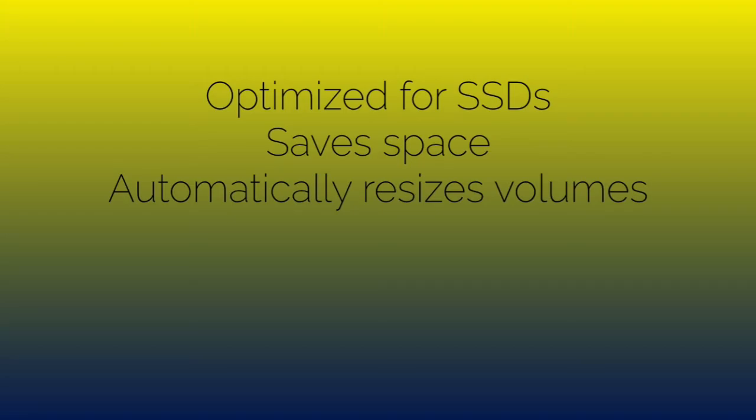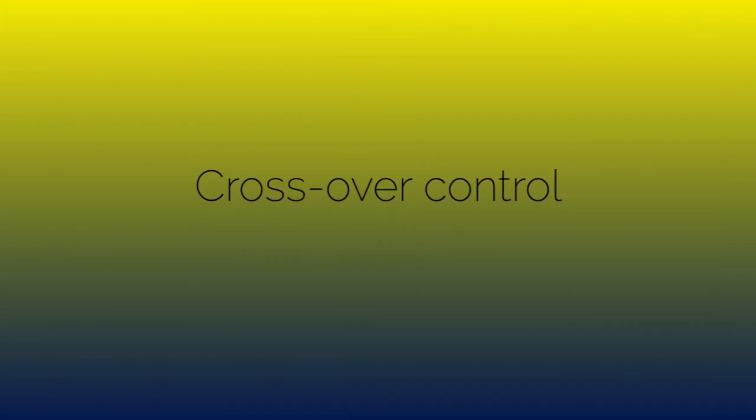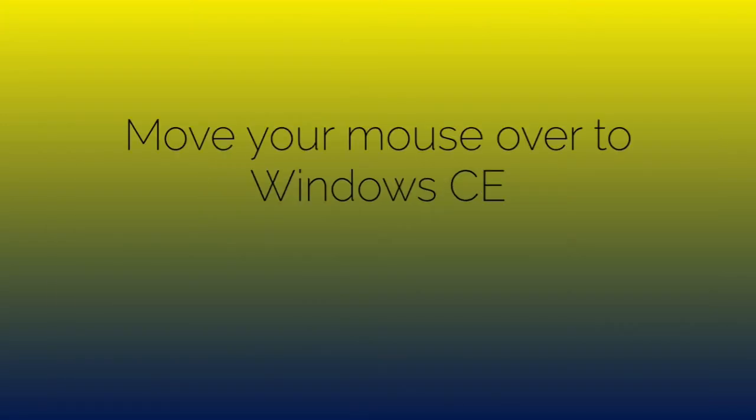It saves space and automatically resizes volumes to keep everything safe, save space, and makes it 2 times faster than before. It also now has crossover control, which means that you can move your mouse over to Windows CE along with CE 20.2 as well. So that's HackOS 11, HackOS boiled eggs. It'll be available in late 2022.